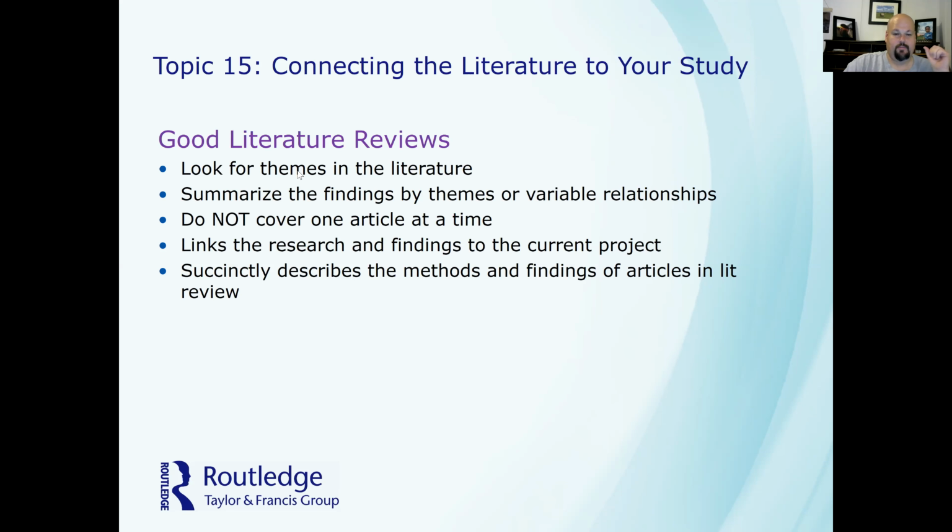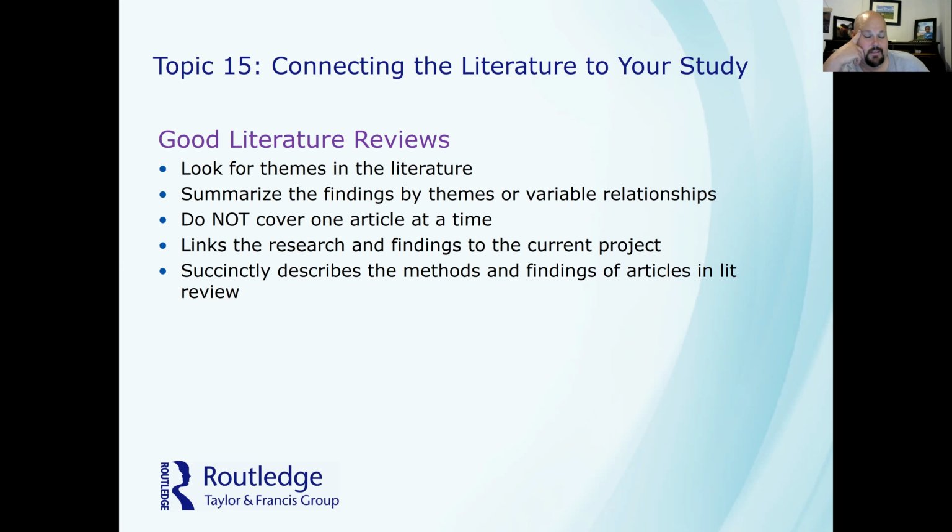They summarize the findings by themes or variable relationships. They don't just go over every single study. Rather, they summarize by theme, like rape myths: what kind of research is there and how does it affect outcomes? They do not typically cover one article at a time. They'll say research has found this concept, and they'll have more than one piece of literature to support that.